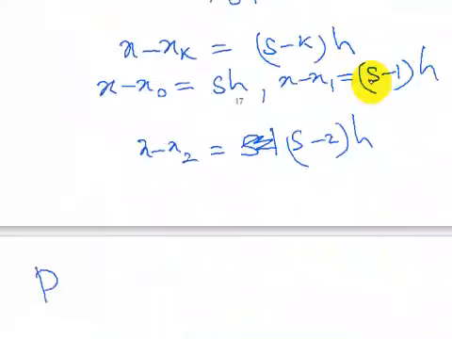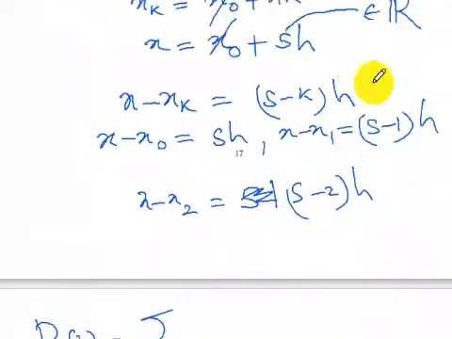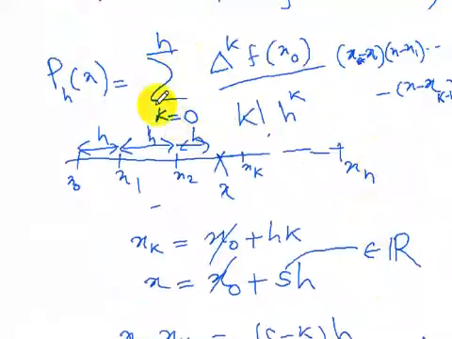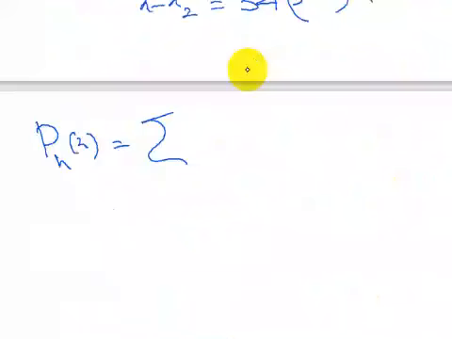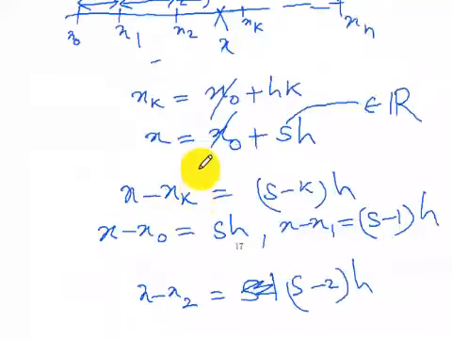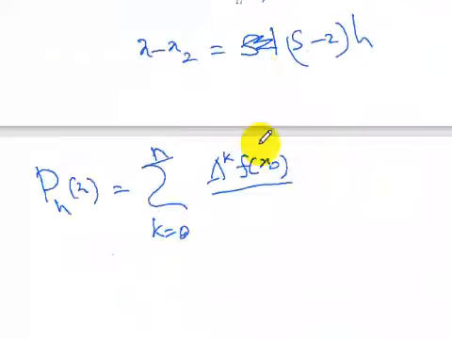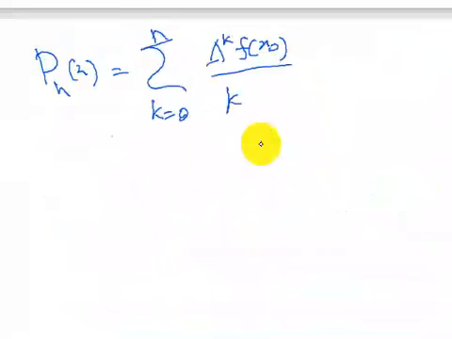So plug these things in, and then we get the summation. So this is the polynomial, right? Summation, k goes from 0 to n. Let's copy that down. k runs from 0 to n, and this is the kth order divided difference of f of x naught, divided by, I don't remember, factorial k.